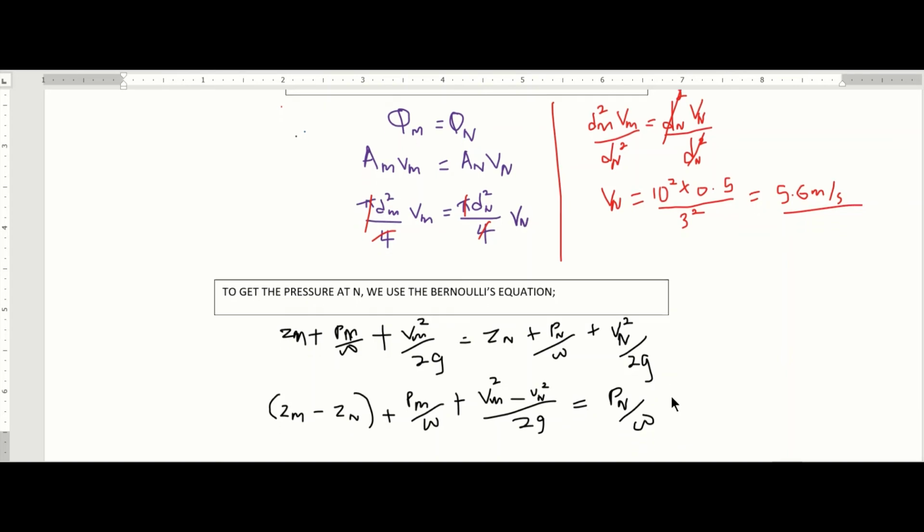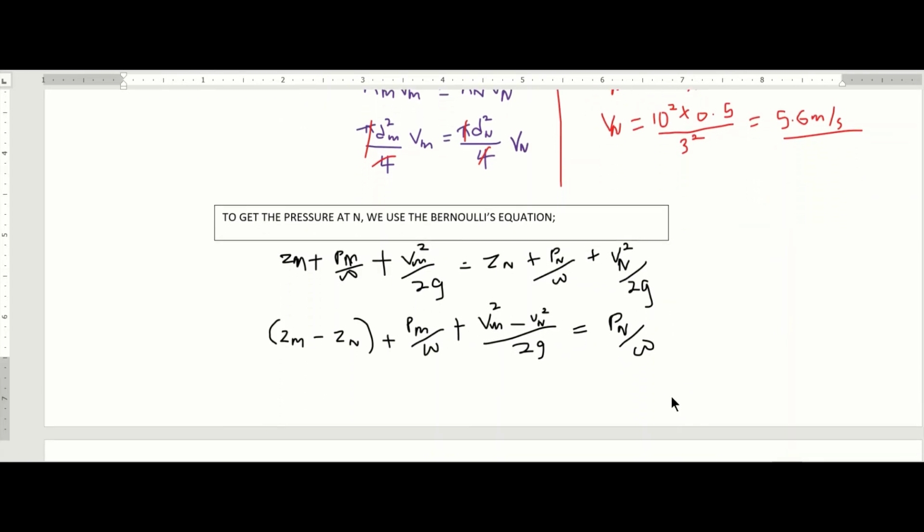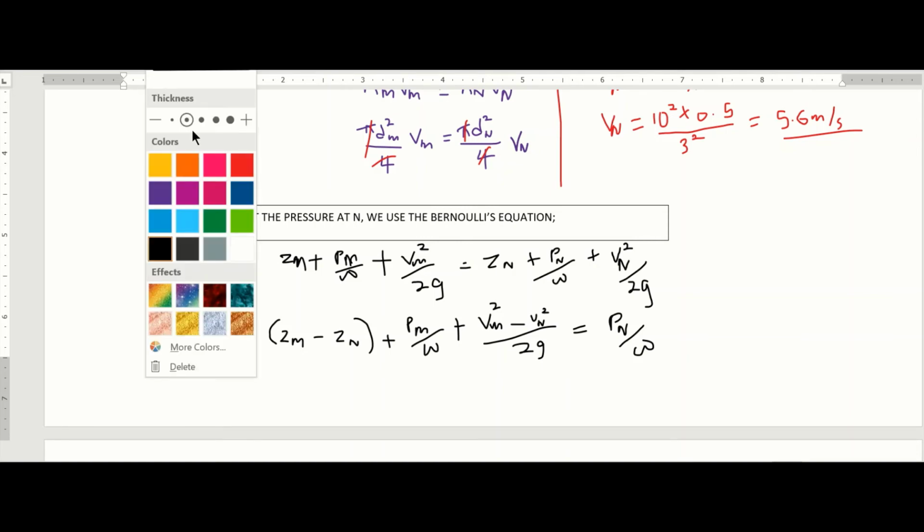Now, for me to make my pressure at N the subject, I have to multiply both sides by the specific weight. So that means to get my pressure at N, I multiply the left side and the right side by the specific weight.